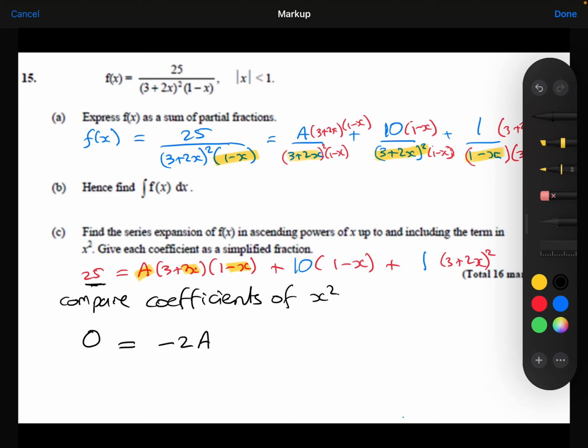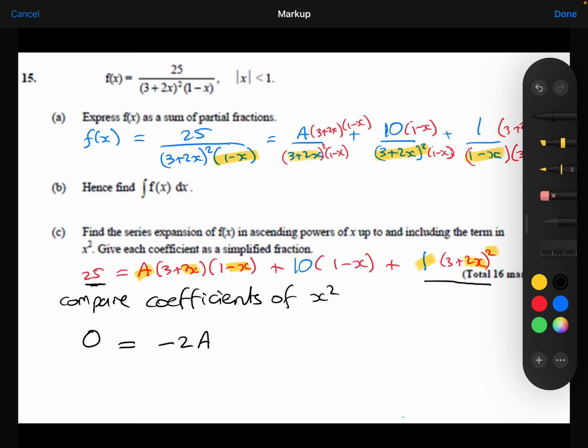Then looking at the b term here, there's no x squared term at all there, so we can ignore that completely. Then looking at the term over here, expanding that out, I'd have 2x times 2x is 4x squared multiplied by 1.